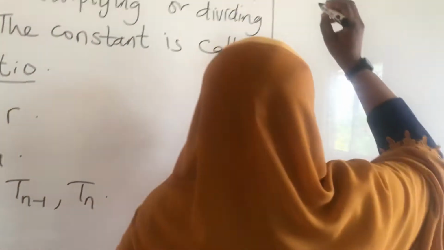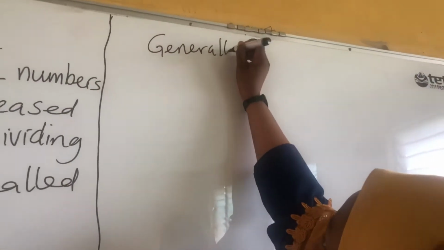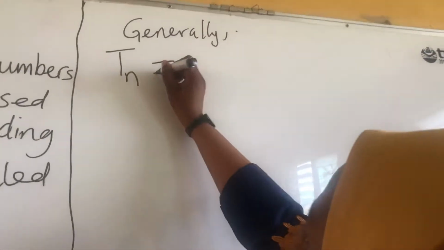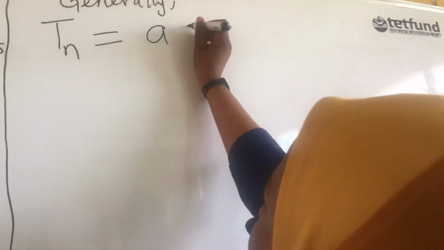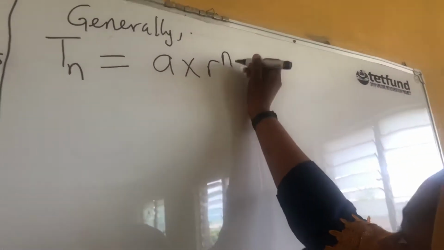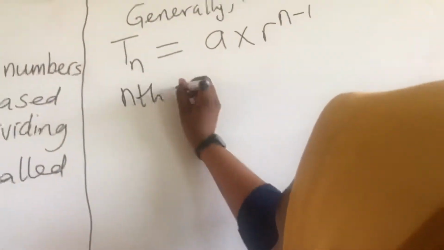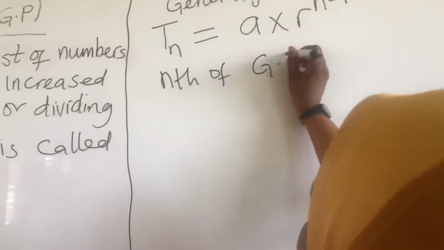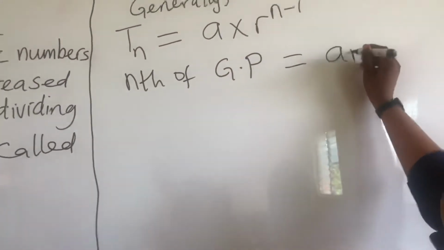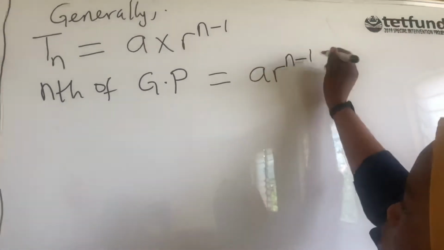So generally, the nth term of GP, that is geometric progression, will be equal to the first term multiplied by the common ratio raised to the power of the number of terms minus 1.